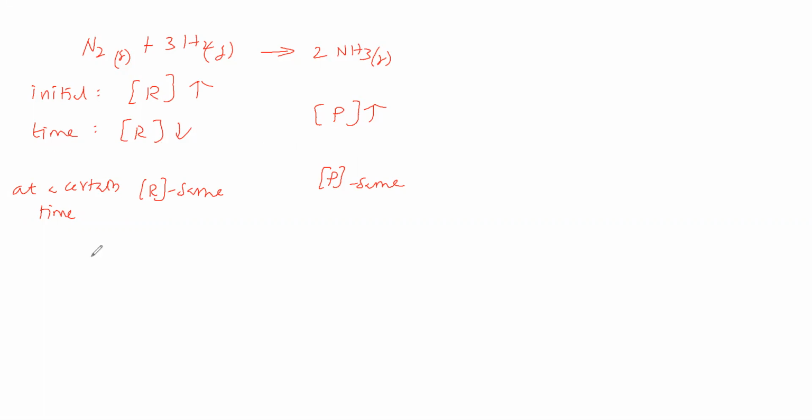At a certain time onwards, the concentration of reactants remains constant, there is no further decrease. The concentration of product also remains constant. This magnitude and this magnitude need not be the same. What is the reason?